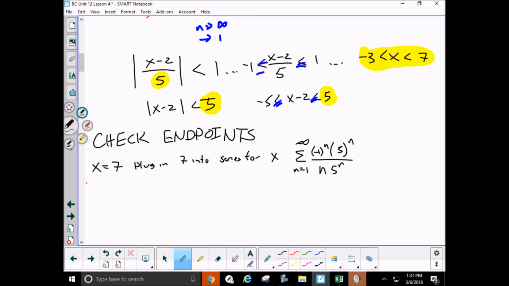Let's look at it. Well, the 5 to the n's can actually cancel, so I don't need that. And this simplifies to just be the sum n starts from 1 to infinity of negative 1 to the n over n. I know that that is the alternating harmonic series that is convergent.